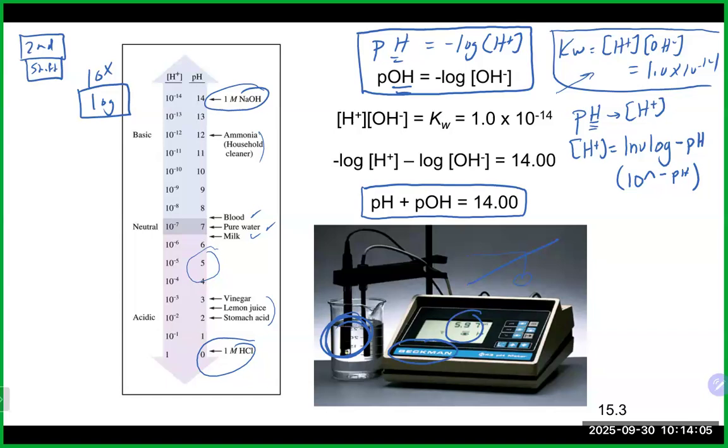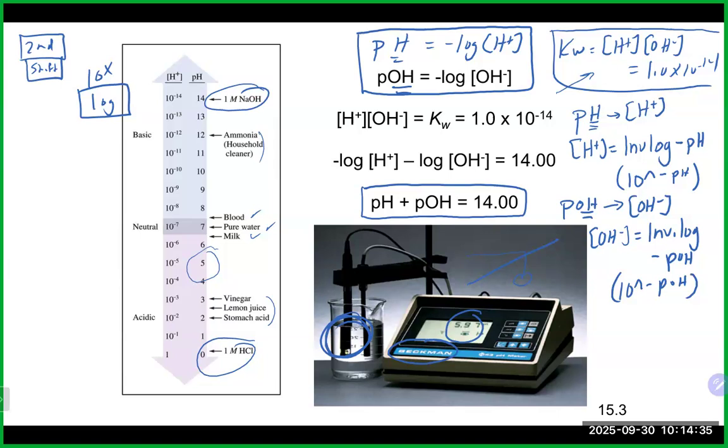Just like pH, if you have the pOH, you can directly get from it the OH minus concentration. And the OH minus concentration is equal to the inverse log of the negative pOH. So it's really the same calculation. And again, on your calculator, 10 and negative pOH.